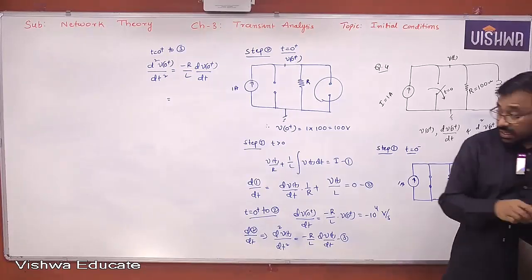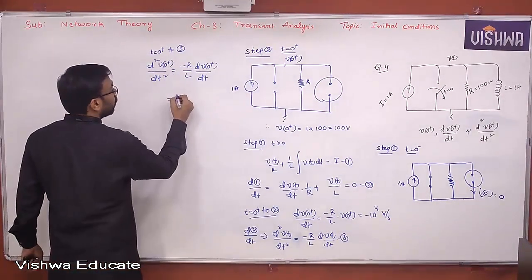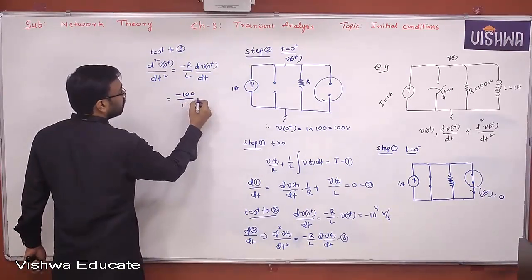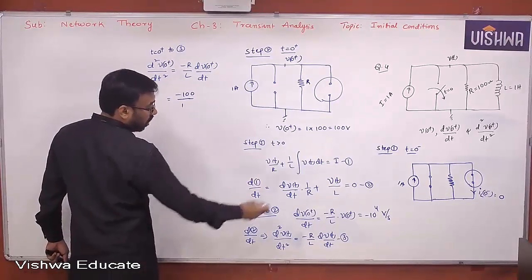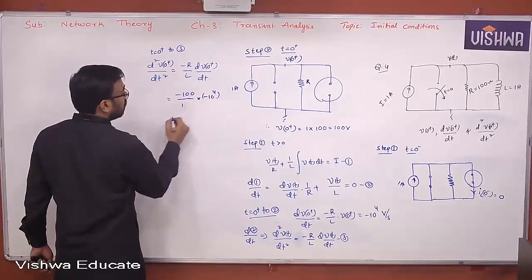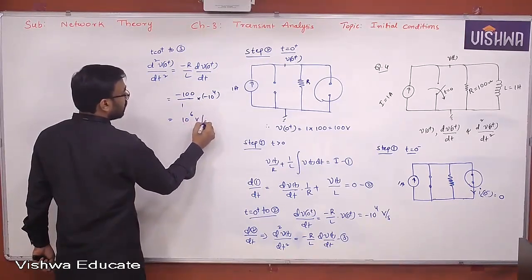Substitute that value and get some answer. I think you can get it easily. Those values, if I substitute, minus 100 by 1 Henry, yes or no? Into what? What is dV of 0 plus by dt? You already got that answer, minus 10 power 4. So what do you get? 10 power 6 volts per second square.